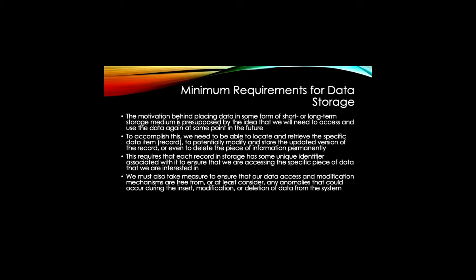We have to do that to ensure that we're accessing the exact specific piece of data we're interested in. And we must also take measures to ensure that our data access and modification mechanisms are free from, or at least consider, any type of anomaly that can occur during updates.